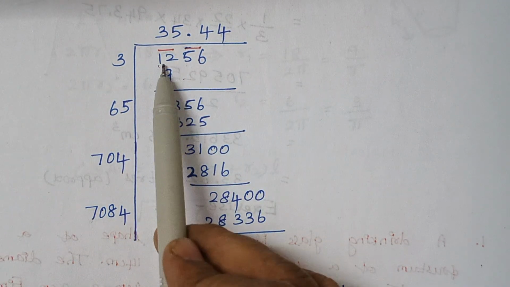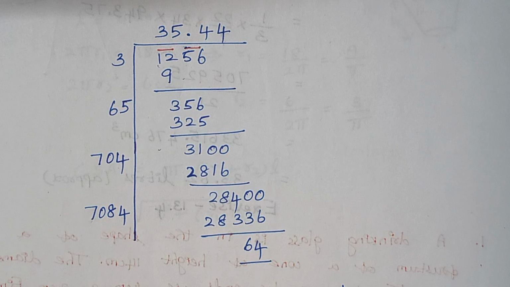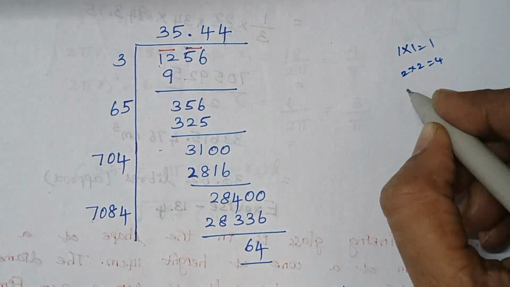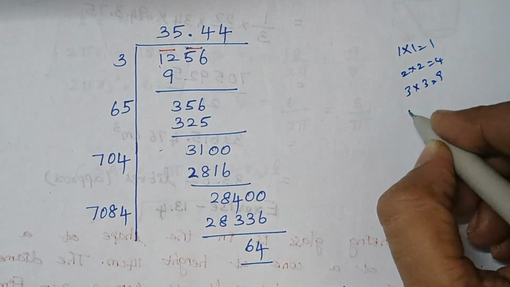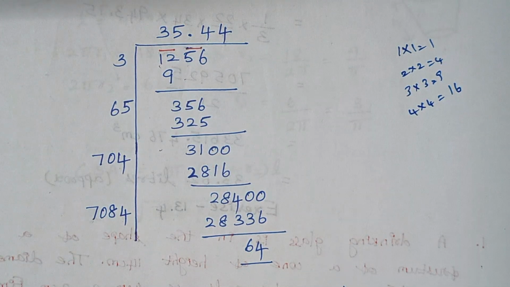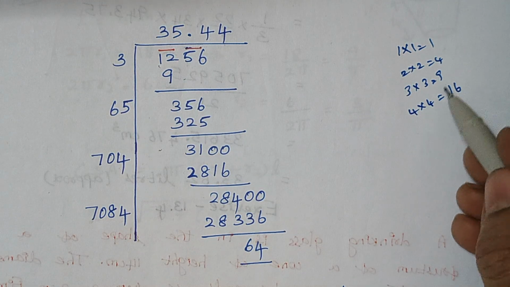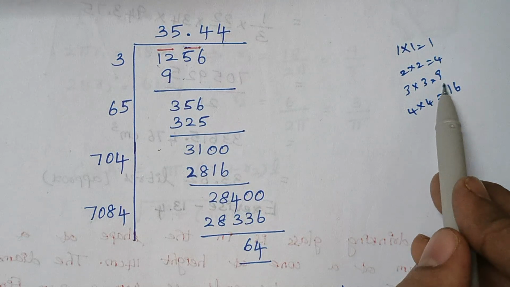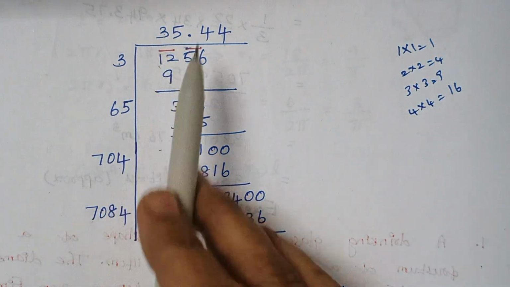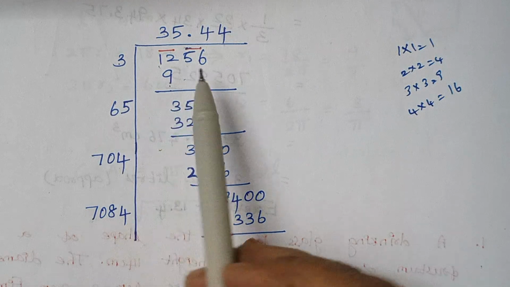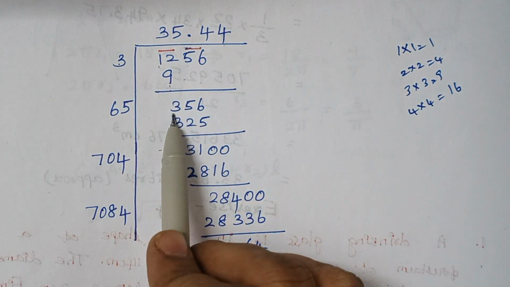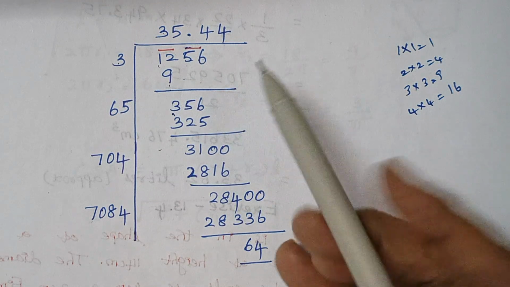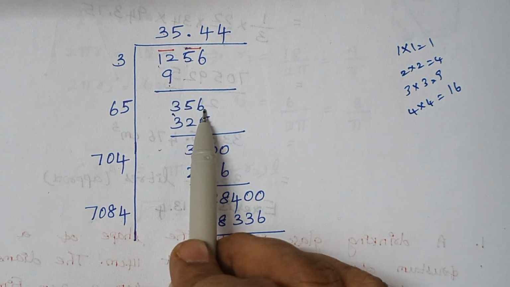Now here we have 12. 1 one is 1, 2 twos are 4, 3 threes are 9, and 4 fours are 16, which is a bigger number. Here we have only 12, so we go with 3 threes are 9. So write 3 here and 3 here and 9 below. 12 minus 9 gives you 3, and as the next step you bring these two digits down at a time, so here comes 356.